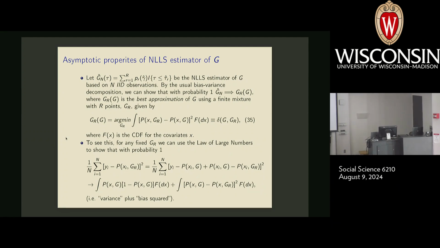This depends on the true G. This is orthogonal to this. So when you take the cross product, they disappear, and this is the variance under the true specification, and then this is the specification error, and nonlinear least squares is going to try to have the least misspecified model. It's going to try to make that as small as possible.